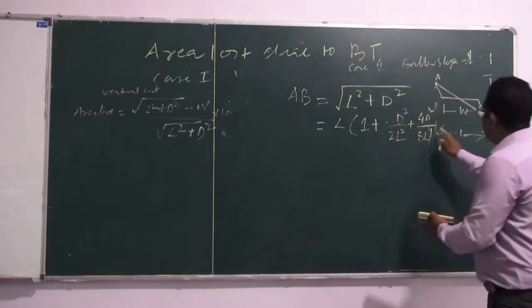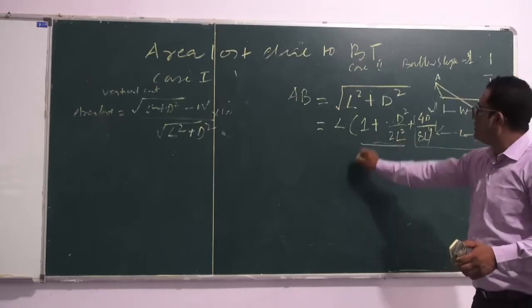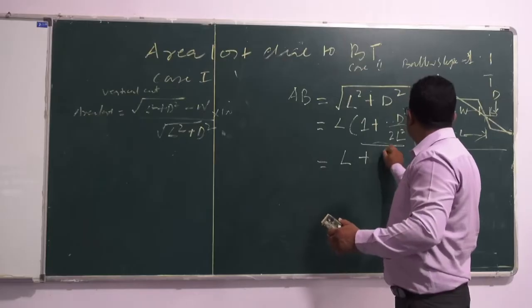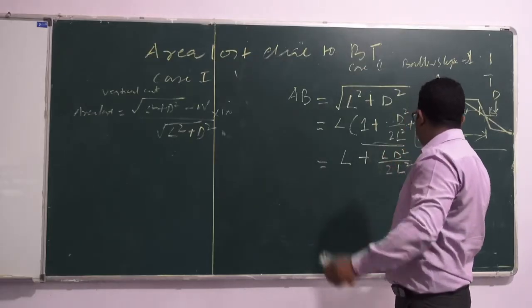Now since this term would be too insignificant, we will take only this one. It will come out to be L plus LD square by 2 into L square.